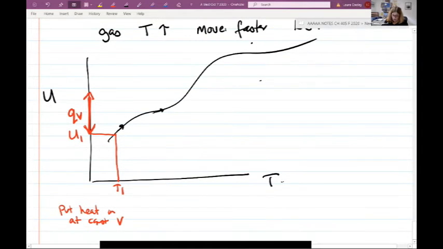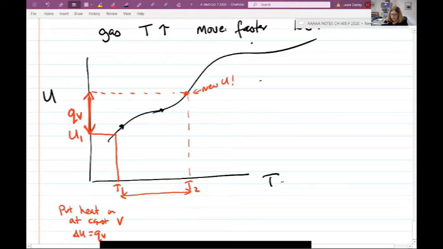Because delta U is Q_V. So this is going to be my new internal energy, and this is going to be my final temperature, T2. So the temperature will have gone up this much.